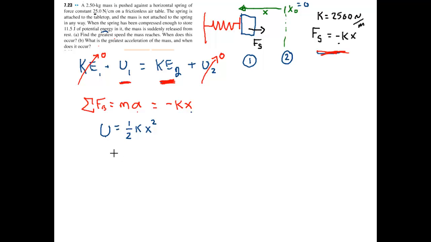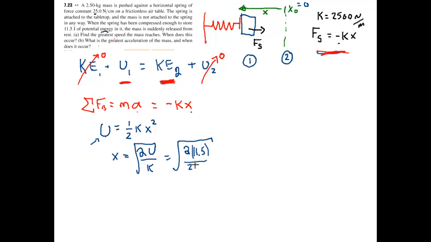So I can simply rewrite this for x, multiply both sides by 2, divide both sides by k, and take the square root. And I've simply rearranged this equation to solve for x. I plug all this stuff in. 2 times 11.5 joules.